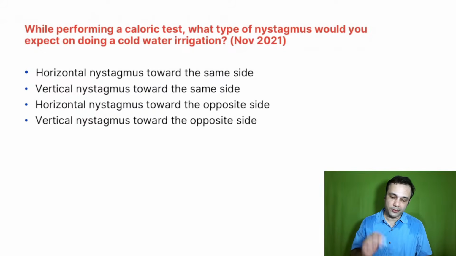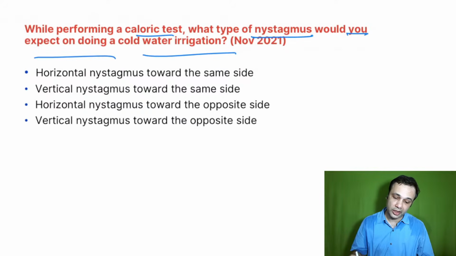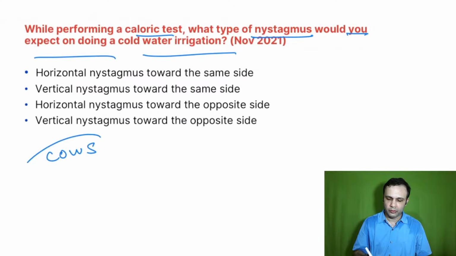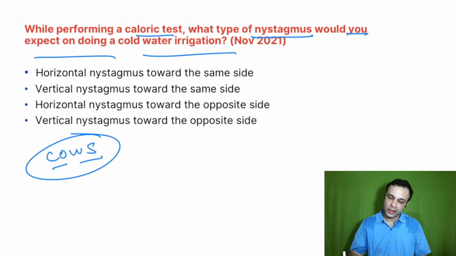Okay, this is straightforward. I'll just go quickly on this. Caloric test. What is the type of nystagmus you would expect on cold water irrigation? Very famous mnemonic, COWS. Cold to the opposite side, warm to the same side. So this is cold water irrigation. So what would be there?